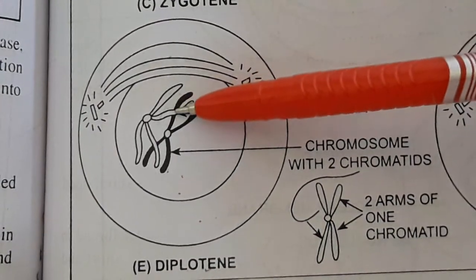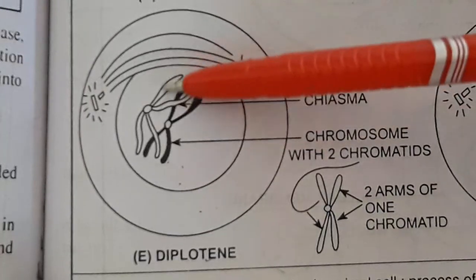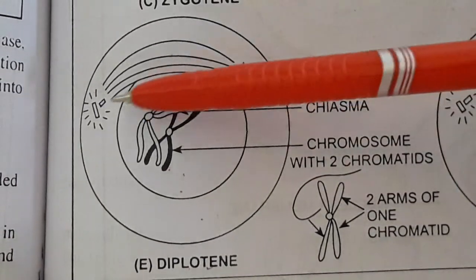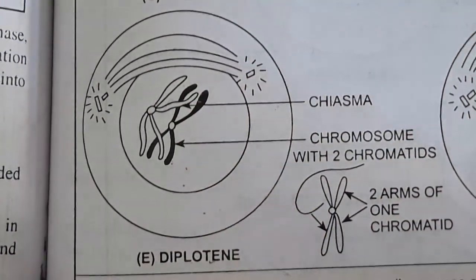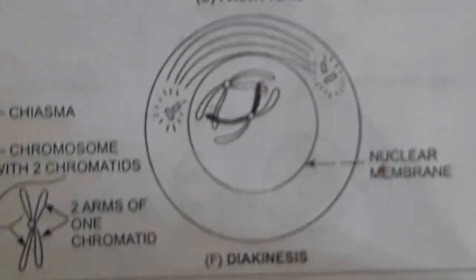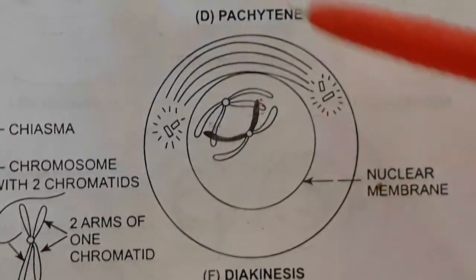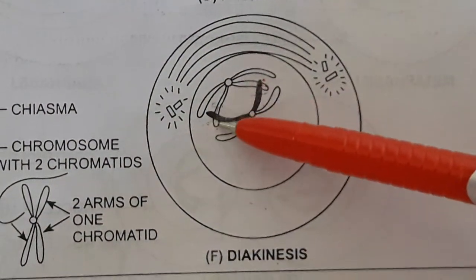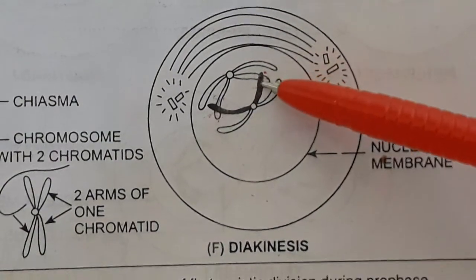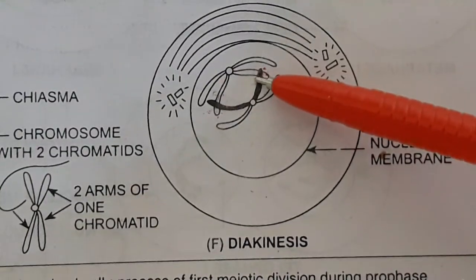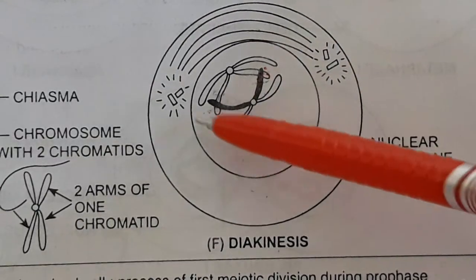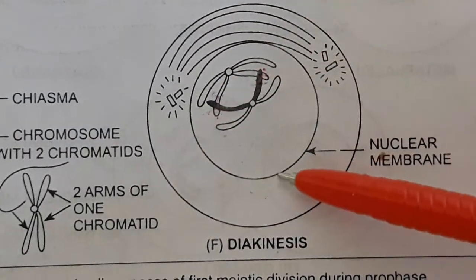Okay, now this point is called chiasma and they now appear in a tetrad stage. The centrioles are further moving apart and this is now followed by the diakinesis stage. In diakinesis, now you can see the chiasma slips towards the terminal position and this is known as terminalization. They will now get ready to enter into metaphase 1.